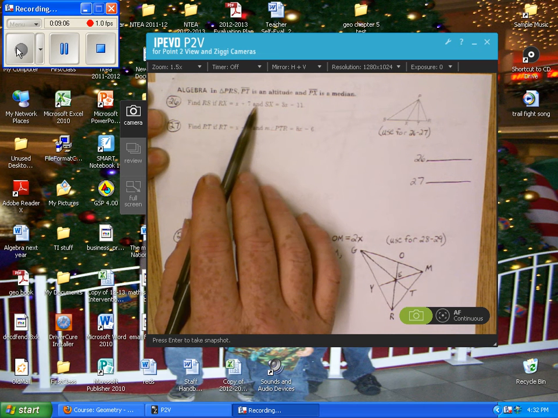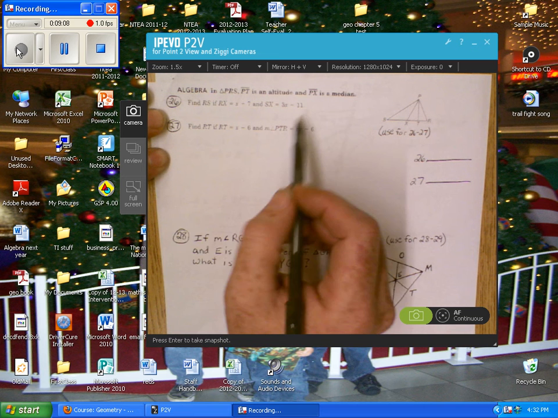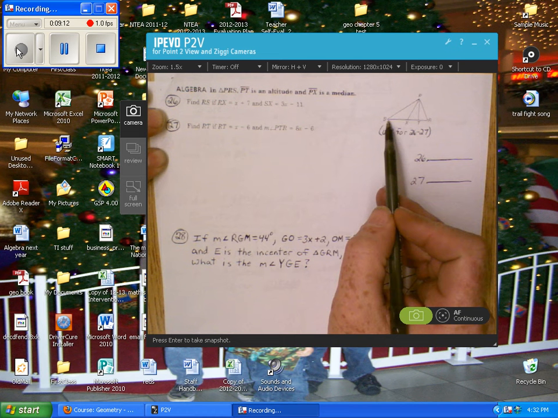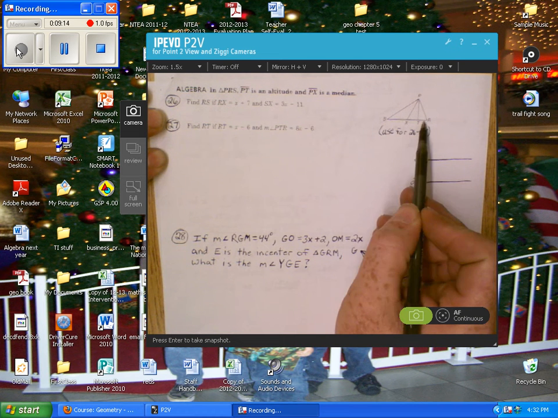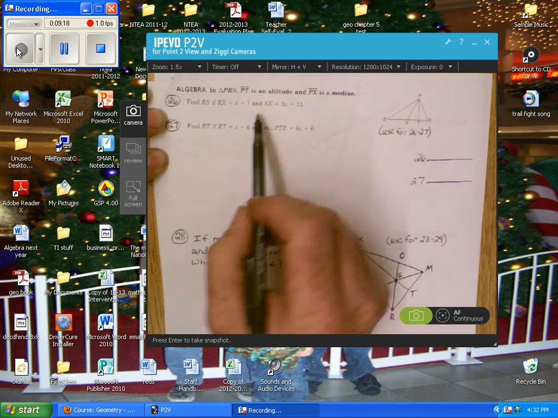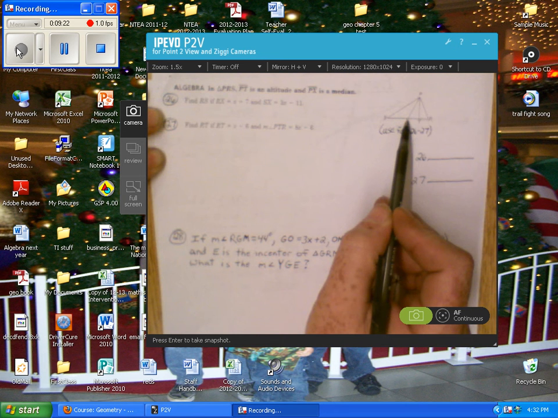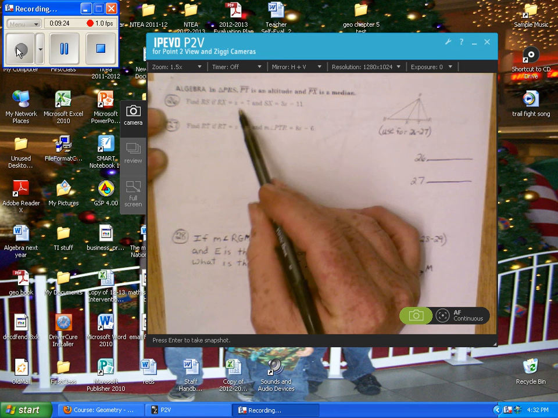Problem 26 and 27. 26 says find RS, so you're finding this whole length on the bottom of this triangle here. And they tell us that RX, from R to X, and S to X, they tell us those two expressions.